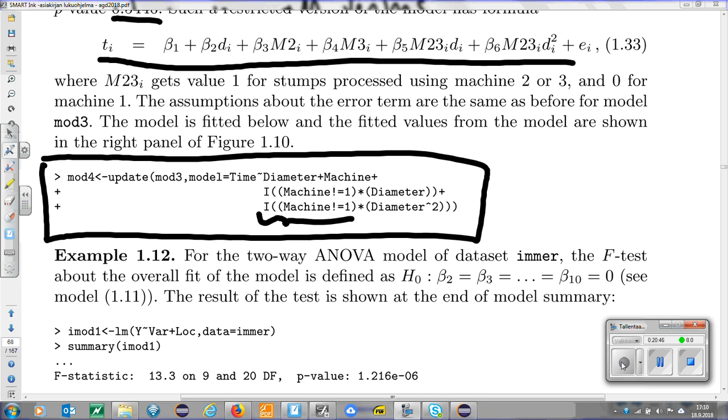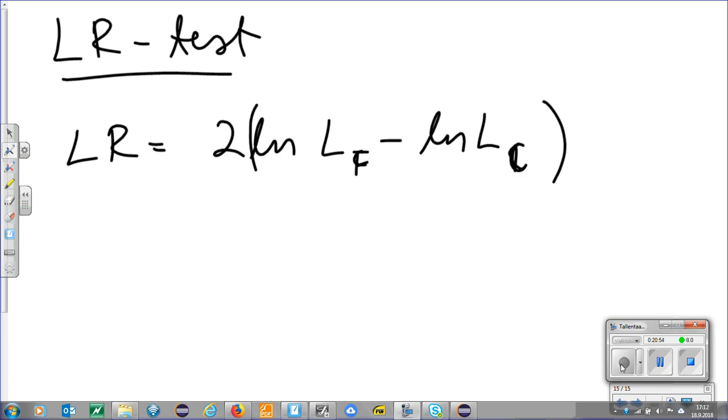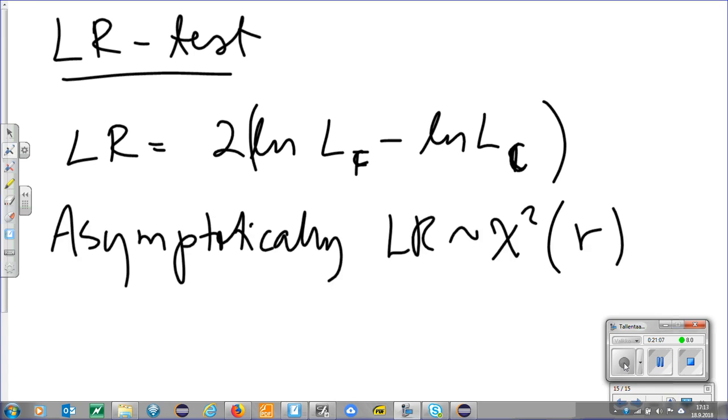Then the second possible procedure was the likelihood ratio test. And the likelihood ratio is twice the difference between the logarithmic likelihood of the full model and the constrained model. And asymptotically, this likelihood ratio follows chi-square distribution with r degrees of freedom if the null hypothesis is true.